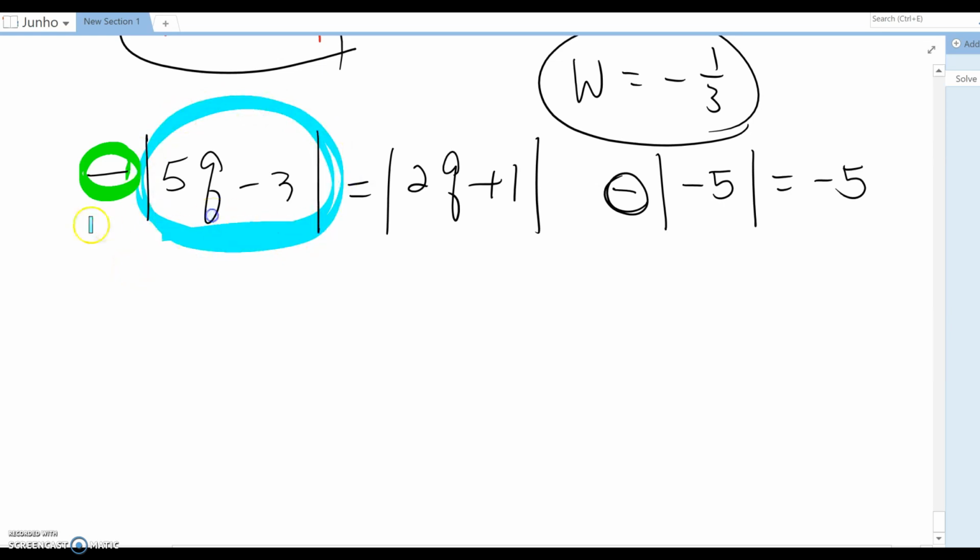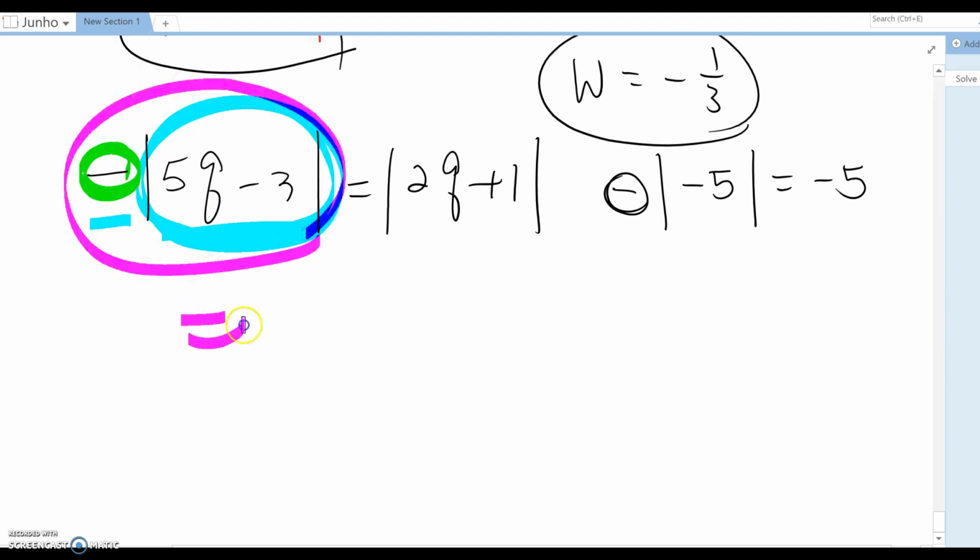And positive times negative becomes, wow, always a negative value here. Now, conceptually, can an absolute value be a negative answer? No. So this is a false situation, so there is no answer.